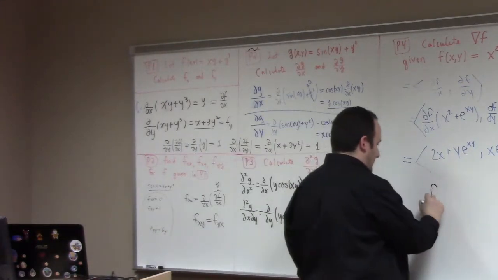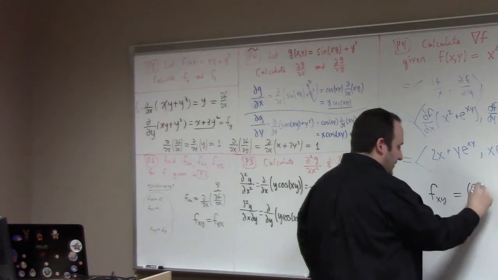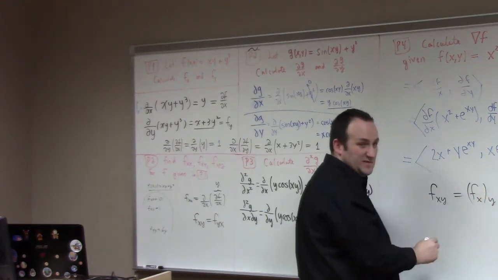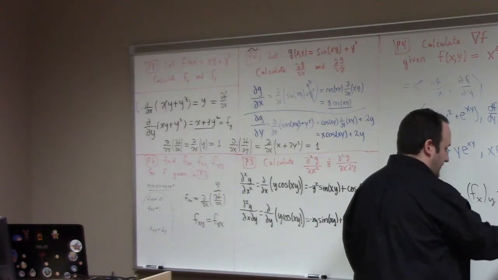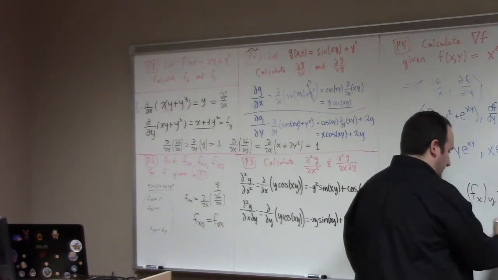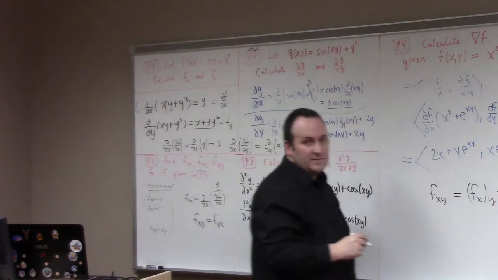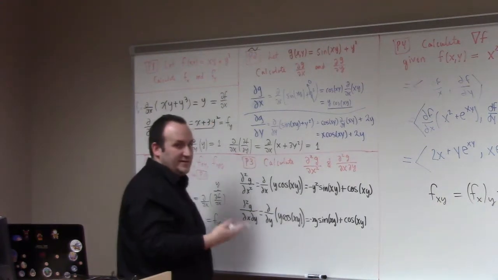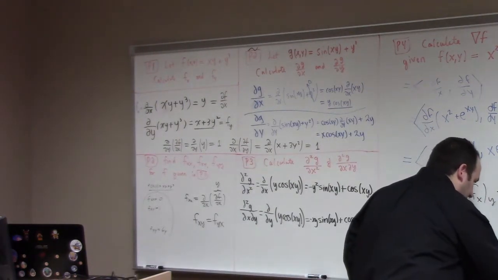Now, technically speaking, this fxy means the y partial derivative of fx. That's the way the notation works. So if I rewrite that in terms of the partial notation, that's actually partial y of fx. It's kind of weird, but this is actually partial squared f, partial y x if you unwrap it. But I just got done telling you that for most decent functions, this is mathematically the same as that.